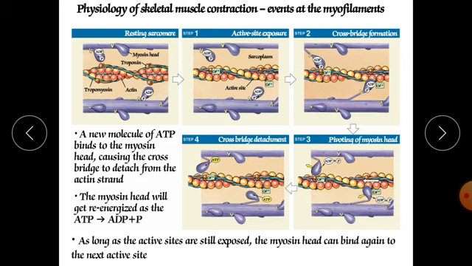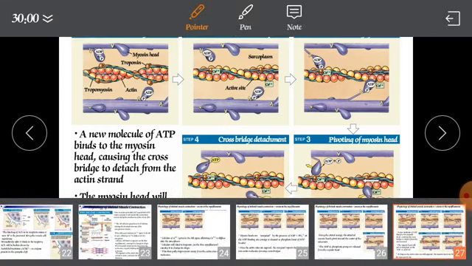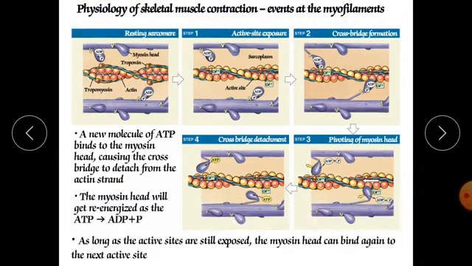Now again you can see the new molecule of ATP will bind with this myosin and cause the cross bridge to detach from the actin strands, and the myosin head will get re-energized by the ATP. After that these myosin heads will re-energize and again release the ADP and phosphate.